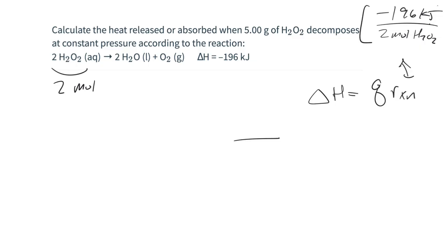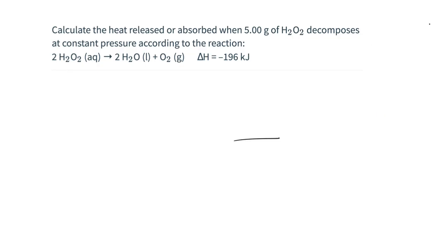This conversion is made just by noting the delta H and then noting the number in front of H2O2 and assuming that's moles. So anytime I have a reaction, I'm just looking for the coefficient, assuming it's a mole for that particular reactant. And that's what's telling me I need to go grams to moles for hydrogen peroxide.